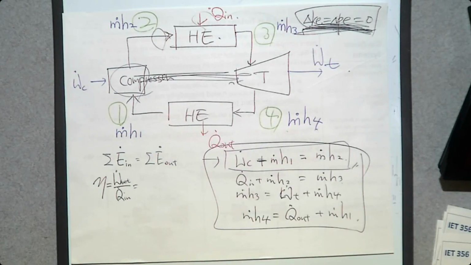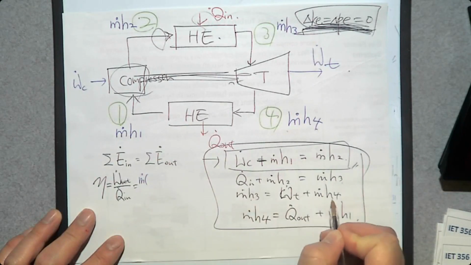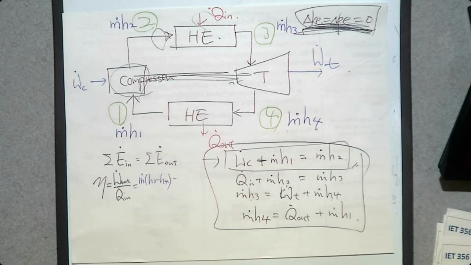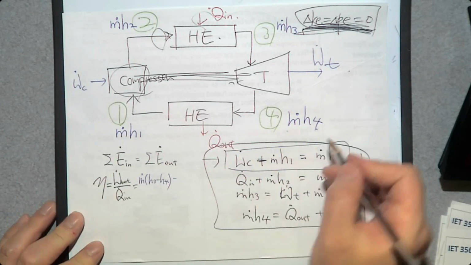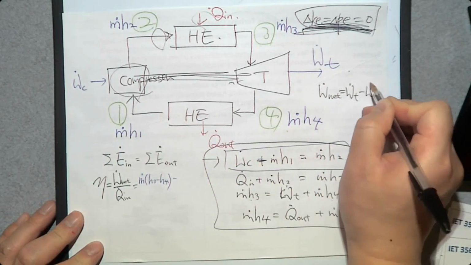Turbine power minus compressor power. So W dot net is going to be W dot T minus W dot C.